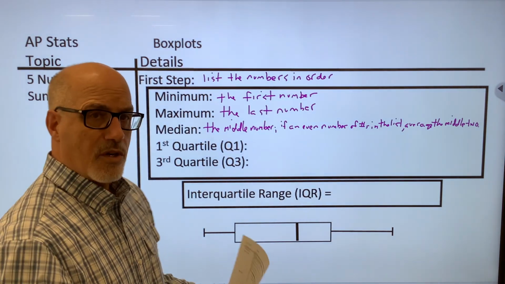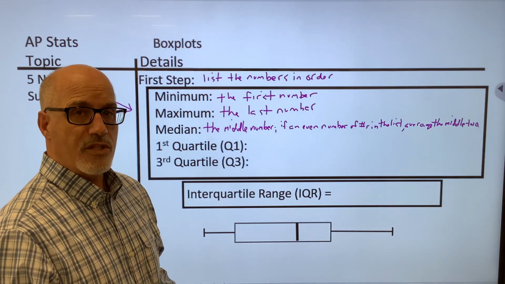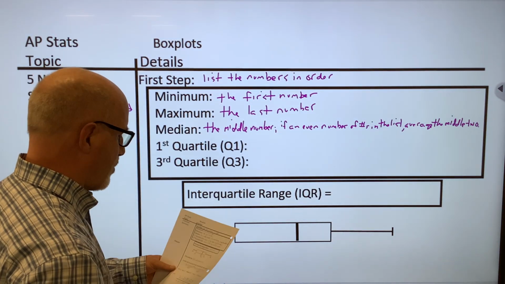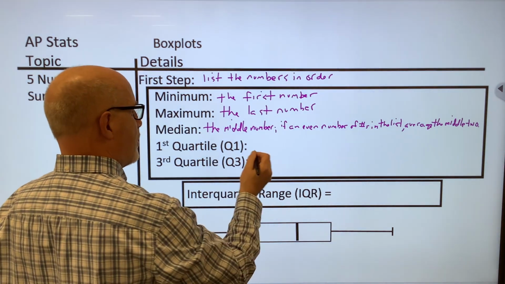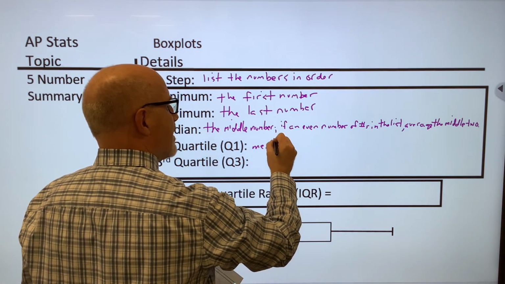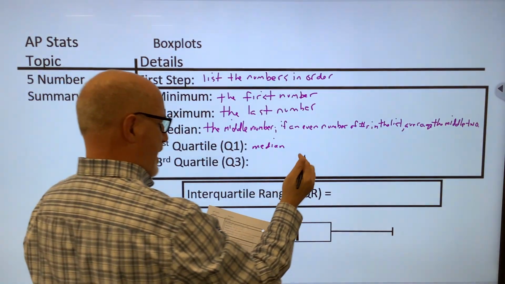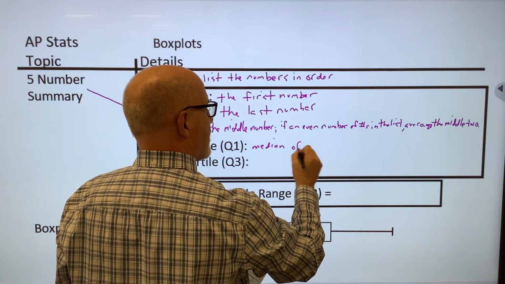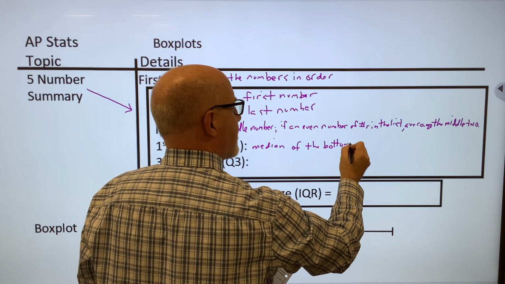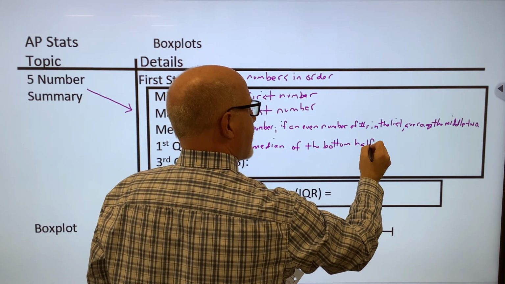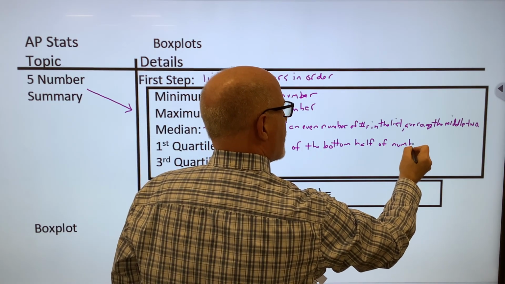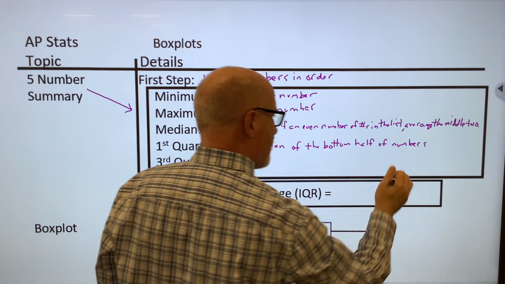Okay, so this will allow us to find a median for it, and then once we have the median, we can find what's called quartile 1, which we can list as Q1, and quartile 3, which is oftentimes called Q3. Q1 is the median of the lower half, the bottom half of numbers, so all the numbers below the median, we take the median of that.